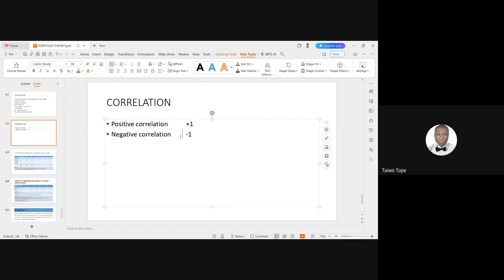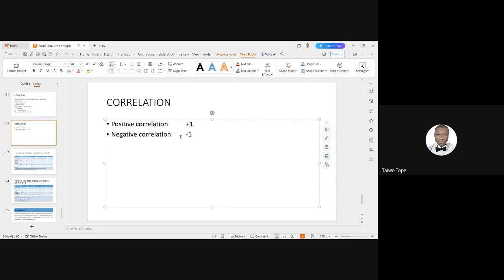If it is 22, you know the covariance is 22, but you cannot interpret it. That is one of the limitations of covariance. So correlation is a standardized way of measuring the relationship and strength of two variables.